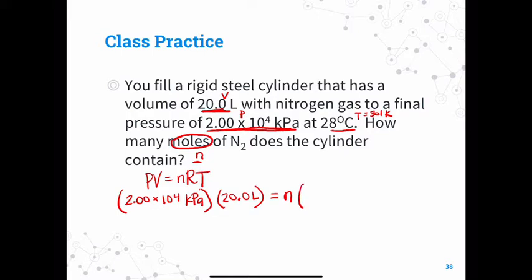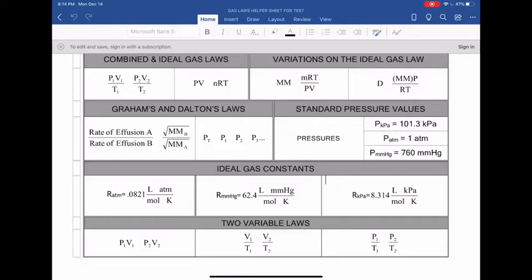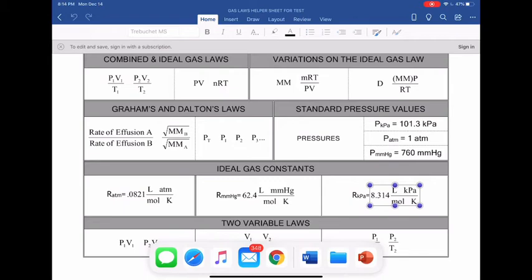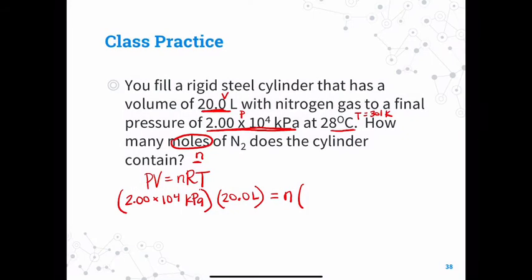Now, the R, okay? Here I'm in kPa, so I have to use this R value, 8.314 liters kPa per mole Kelvin. And then my temperature is the last thing, and that's 301 Kelvin, okay?